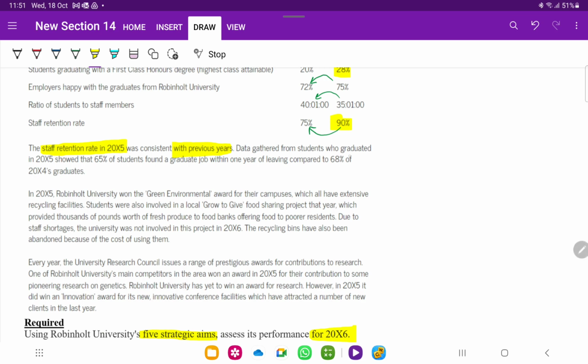Data gathered from students who graduated in 2005 showed that 65% of students found a graduate job within 1 year of leaving, compared to 68% of the 2004 graduates. So in 2005, the number of people getting employed is also reducing from 68% to 65%.